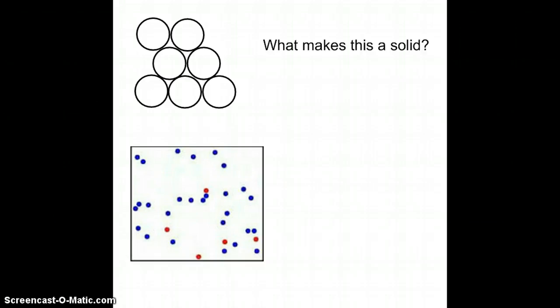Now if we look at a gas, like we have down here, we should be able to take that opposite logic and apply it. These are gas particles, and gas particles are zipping around in all sorts of directions. How do we know gas particles are moving? Because they have a temperature. As long as they have a temperature, they're moving.